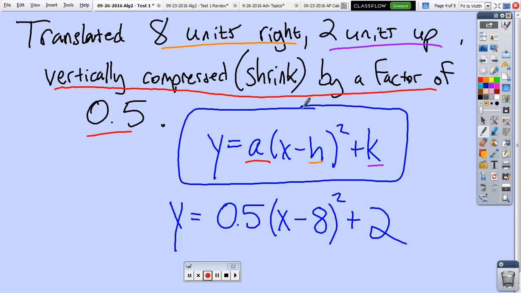There is no horizontal compression or stretching on this exam. And if it had one more thing that said reflected in the x-axis, you would just make this negative, negative 0.5.